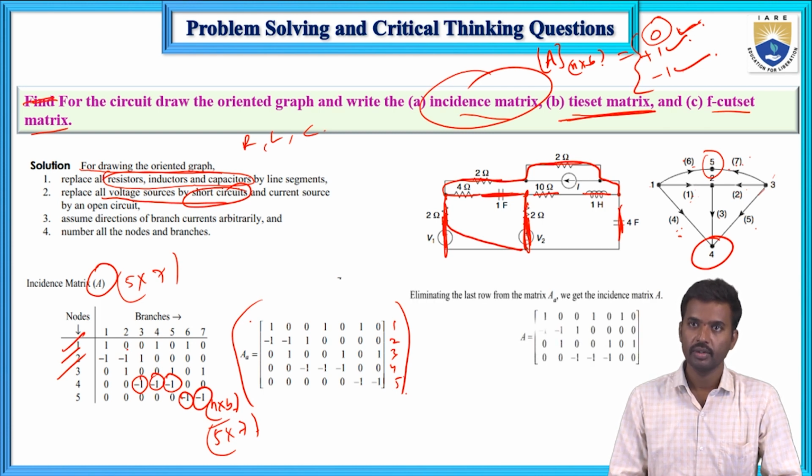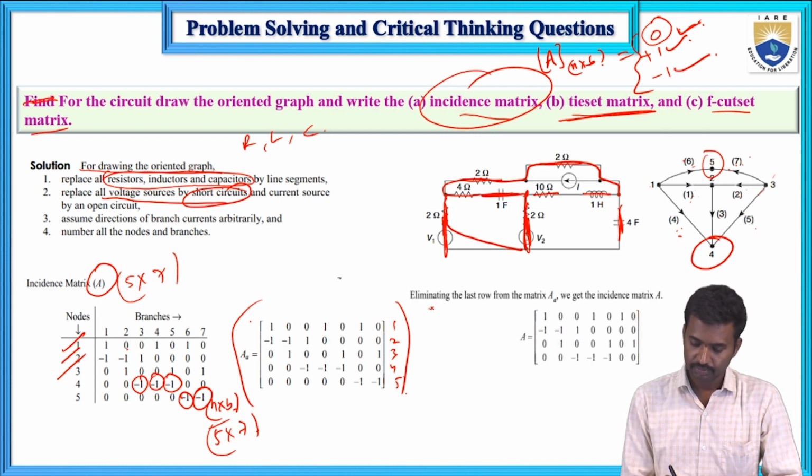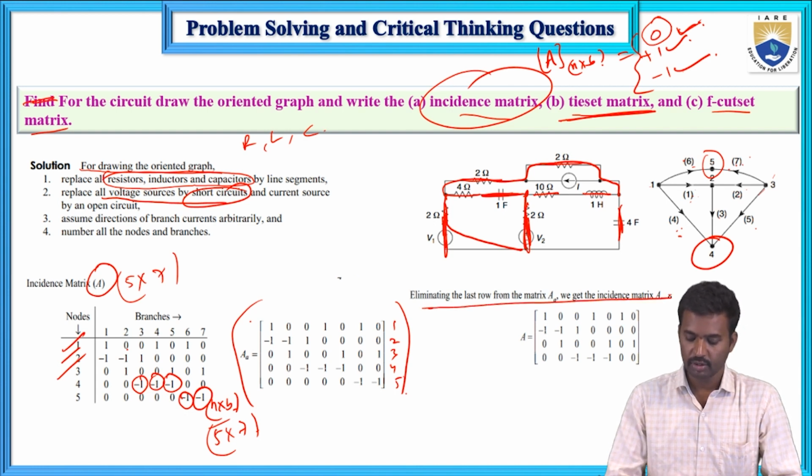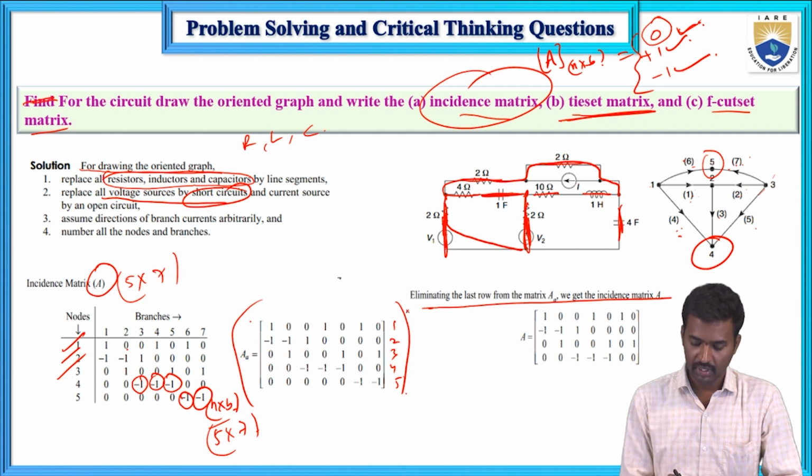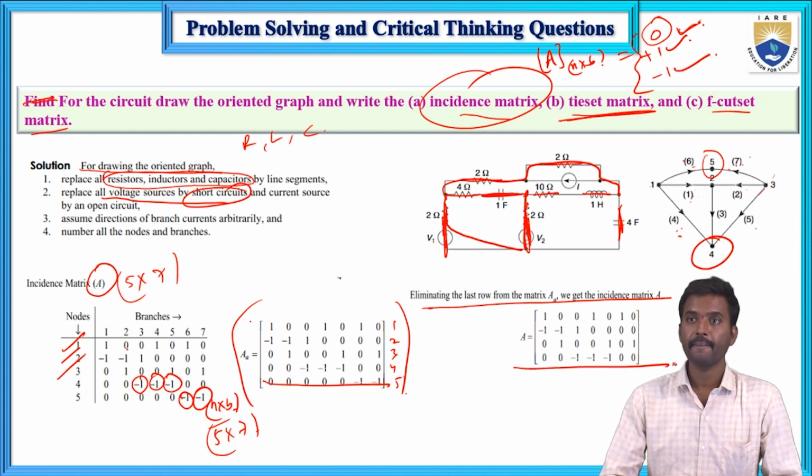Here in the tie-set, the reduced incident matrix is obtained by using matrix manipulations, by eliminating the last row from the matrix A. If you eliminate it, this is the reduced incident matrix A.